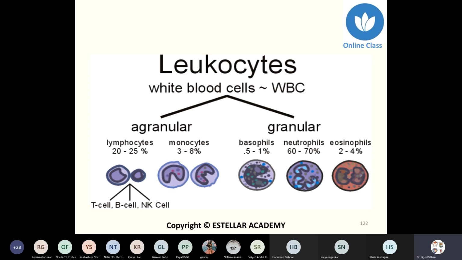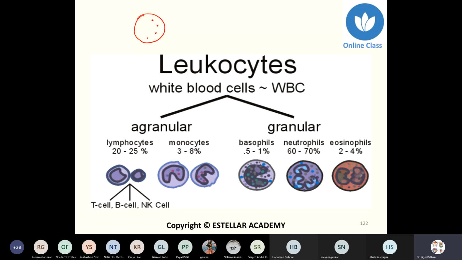See, there are different types of leukocytes. What happened, Shantanu? You cannot see the screen? Can you all see the screen? Okay. Now, so basically leukocytes have granules.